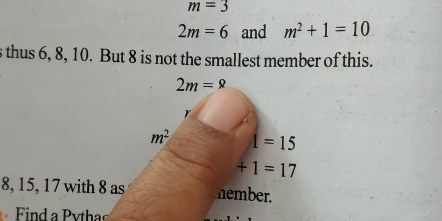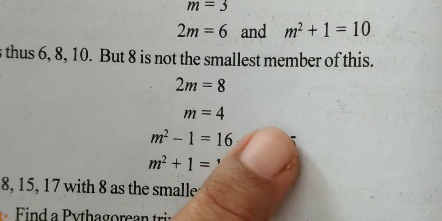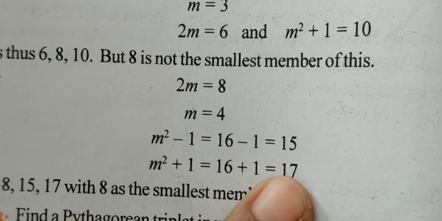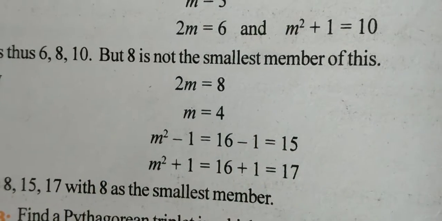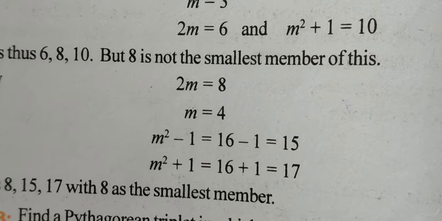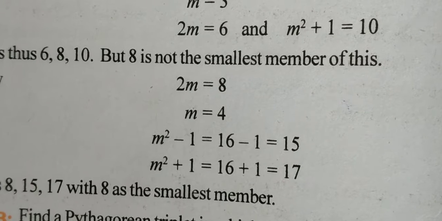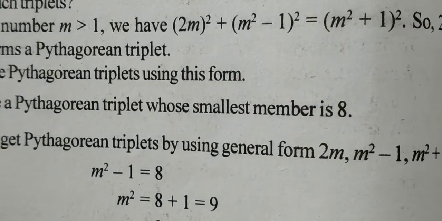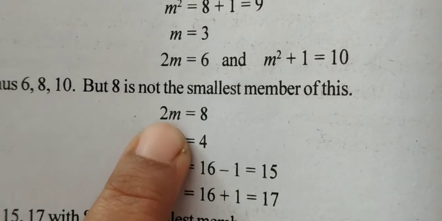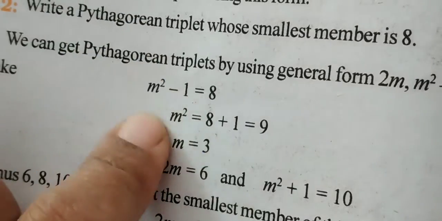So which numbers are you going to take? 8, 15 and 17, where 8 is the smallest member. Okay. So again I repeat, whenever a question is given to you in which the smallest member of the triplet is given, you consider it as 2m, rather than going this other way.